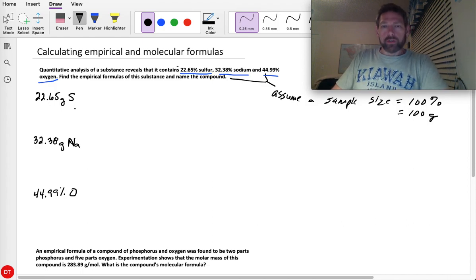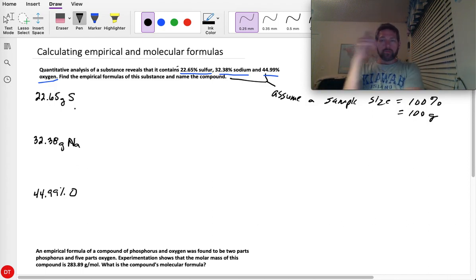So now the question is this. We have to remember that when you look at a compound formula, the subscripts, the numbers in the formula, tell you something about molar ratios, right? If you're looking at one molecule of water, then you've got 2 hydrogen atoms and 1 oxygen atom.